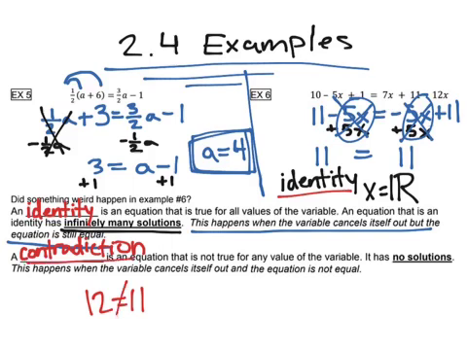A contradiction is an equation that is not true for any value of the variable. It has no solutions. So if you got 12 equals 11, you would put that mark through it. You would write contradiction. And you would say no solutions. And you would be done.